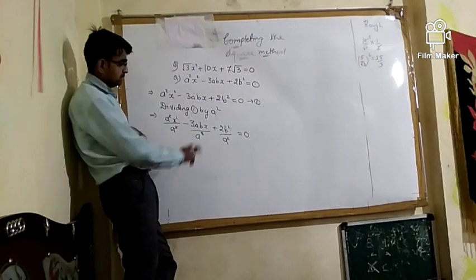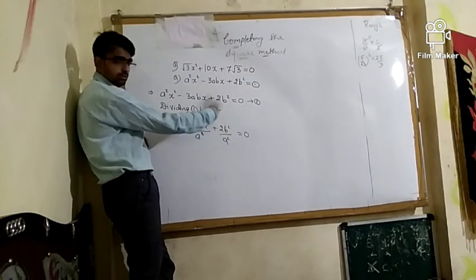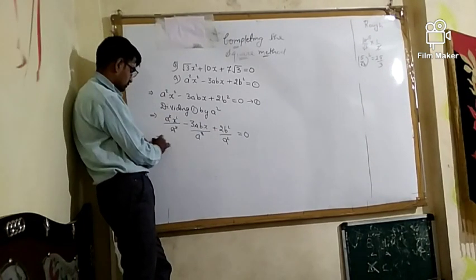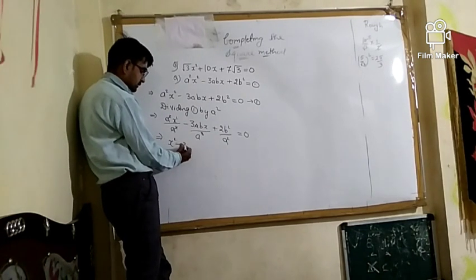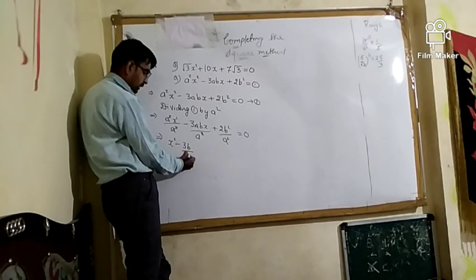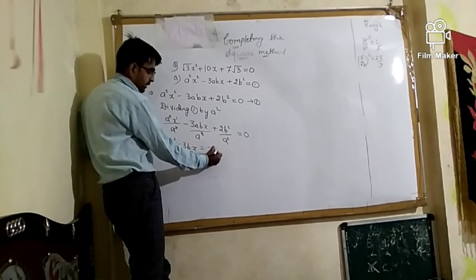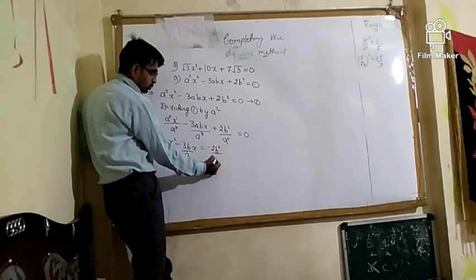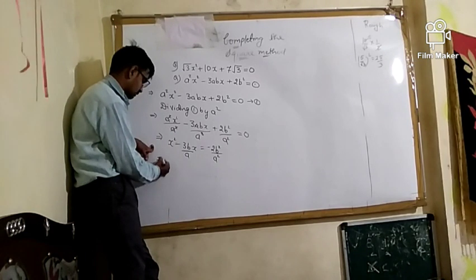Second step, shift this constant term to RHS. So what I will get is x square minus 3b upon a into x equal to minus of 2b square by a square.